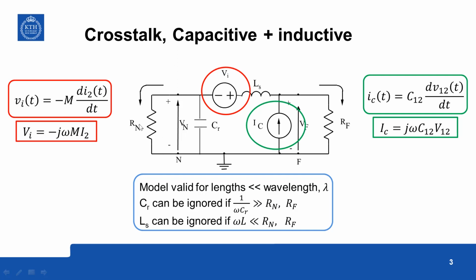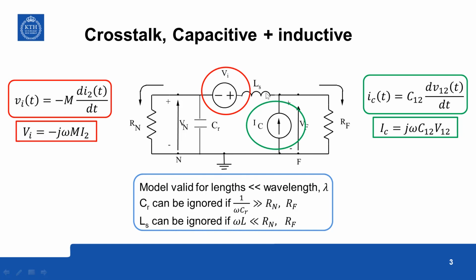Say for example, if the far end resistors or impedances were higher, of the order of 1 megaohm or something like that, and the frequency is extremely high, of the order of 100 megahertz, these conditions may not be true. So one has to really check that.